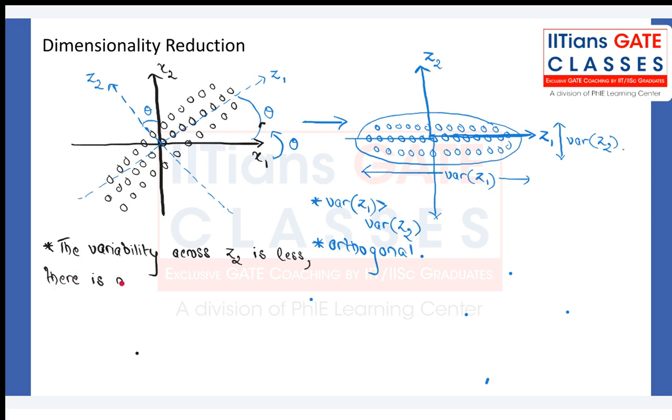If I ask you tomorrow to reduce this set of data to one dimension, it's better to just take z1. Do not take z2 because it's not giving you that much information.